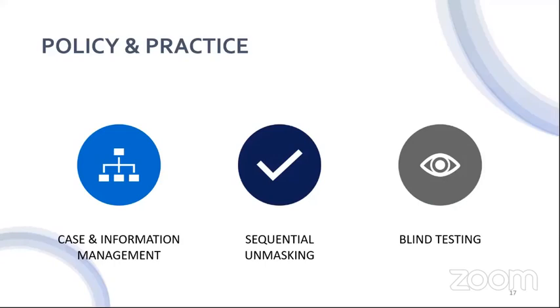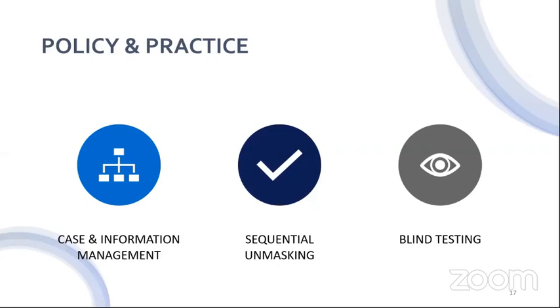So blind proficiency testing would be a situation in which an item of evidence looks like a case item of evidence. You can't tell the difference. So these are all things that you can do to build policy and practice around these concepts to help support some of these recognized best practices to help minimize and mitigate the impact of bias within your laboratories.